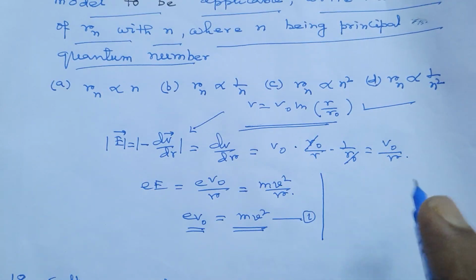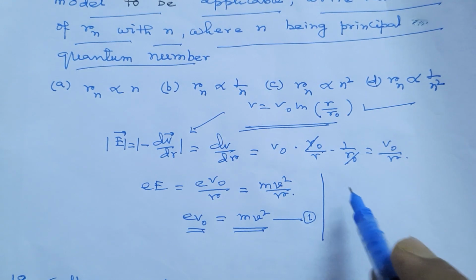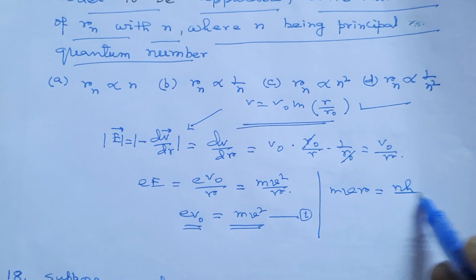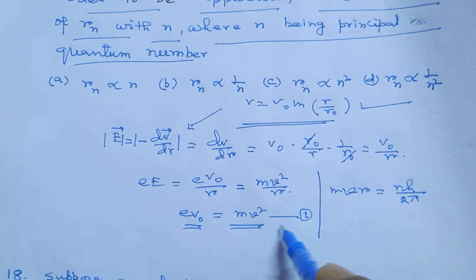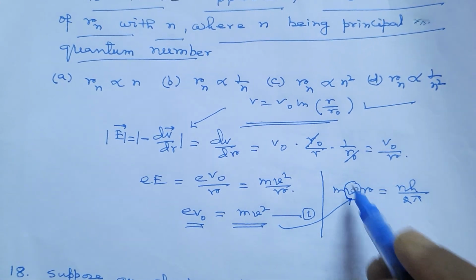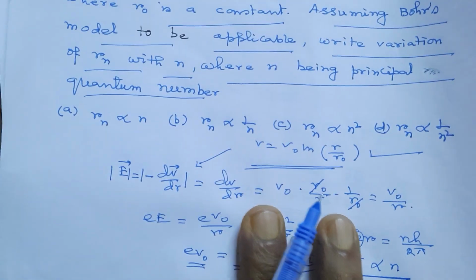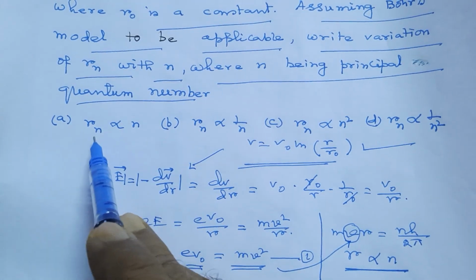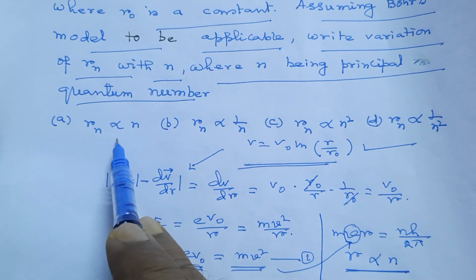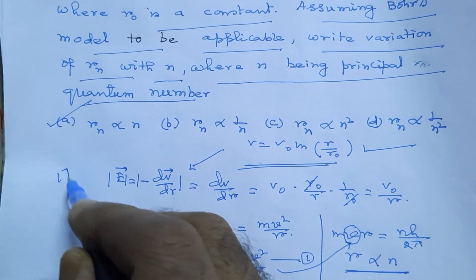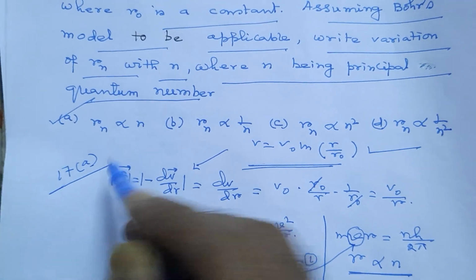Now Bohr's quantum condition gives mvr equals nh by 2 pi. As v is independent of n, r is proportional to n. Actually Rn is proportional to n, so the correct option is A. So the correct answer to question number 17 is A.